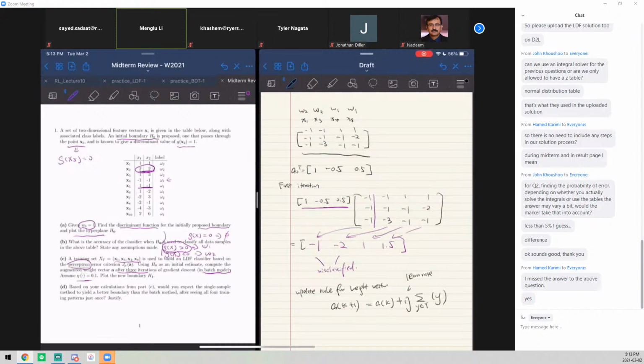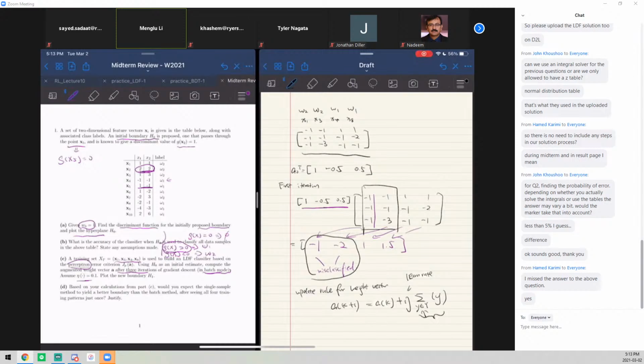That's the update rule, and it's in batch mode. So here we have a summation. We need to sum up all the misclassified points. In the first iteration, there are 2 points, so we sum up the first 2 points as this part.